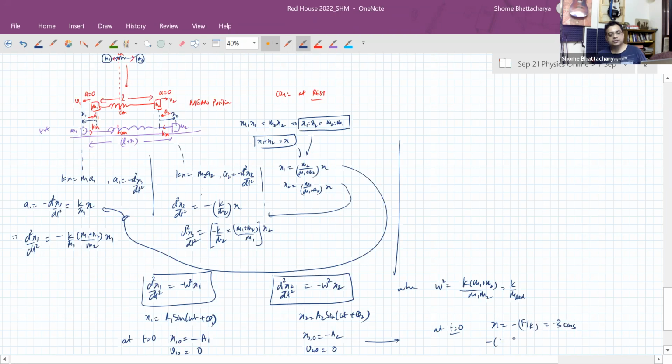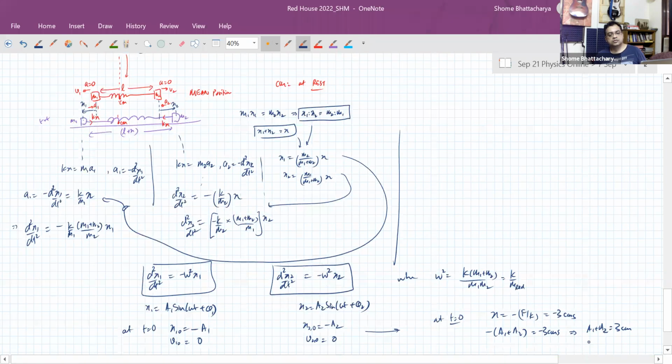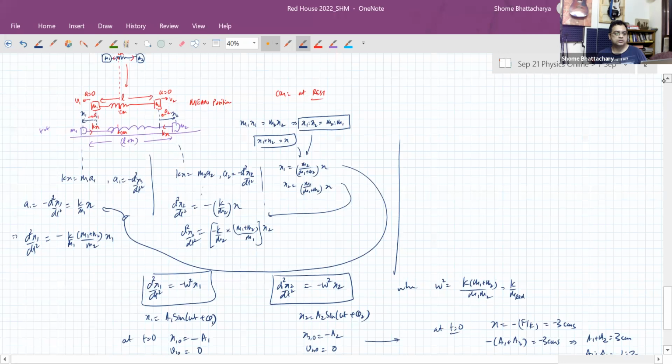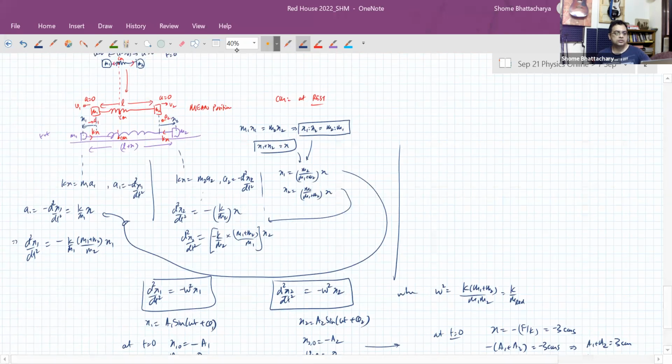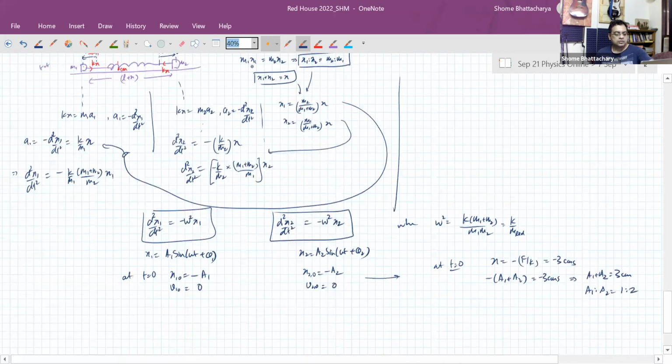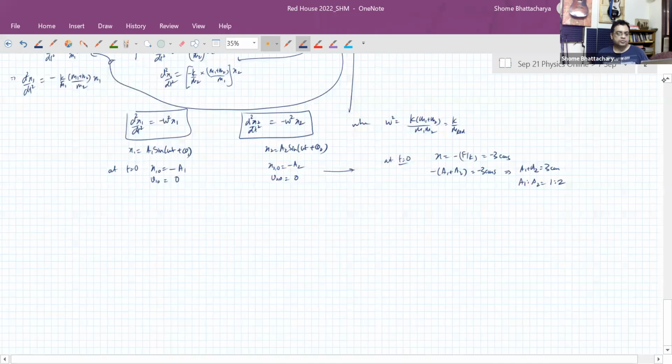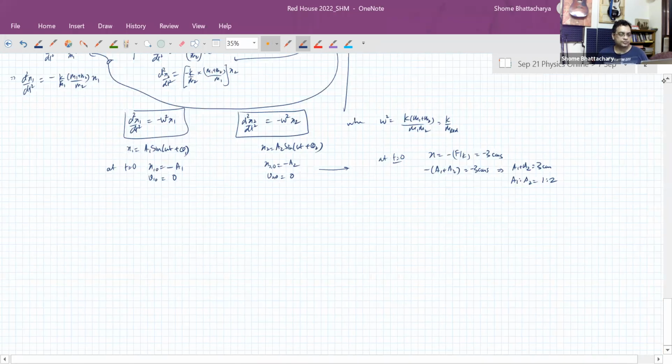So minus of (a1 plus a2) is minus 3 centimeters. So from that you will get a1 and a2. I'll just leave this for you to browse through once more.